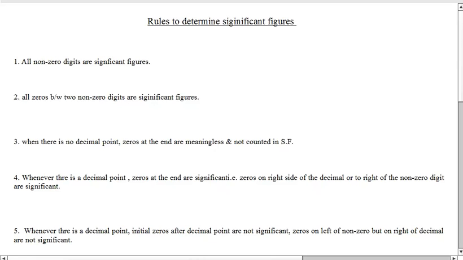Okay, let's discuss. What is the first rule? All non-zero digits are significant figures. Doesn't matter what kind of number it is, any non-zero digit will always be a significant digit. For example, let us take 22.68 centimeter.